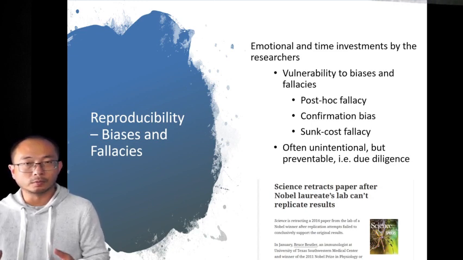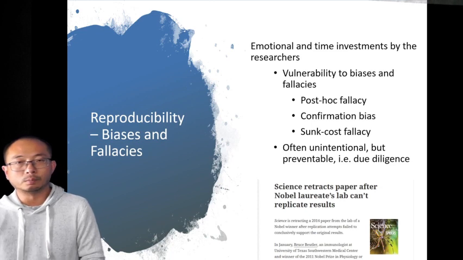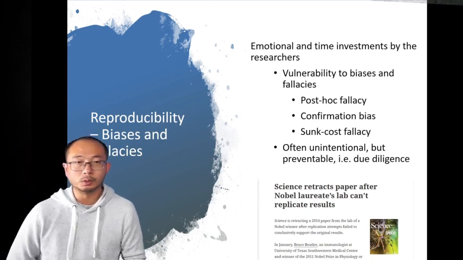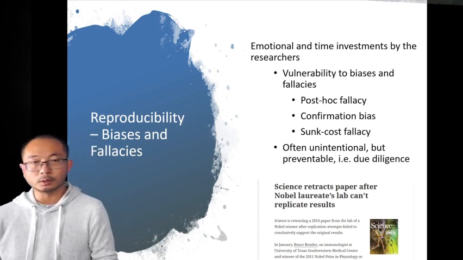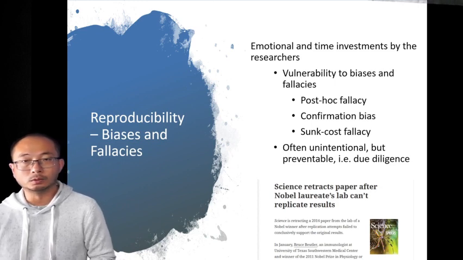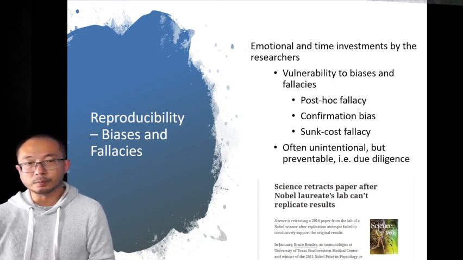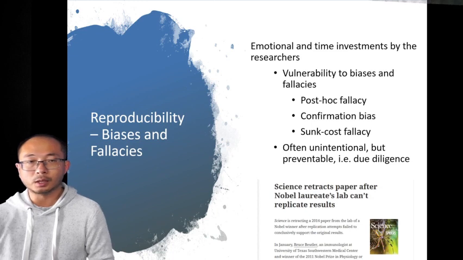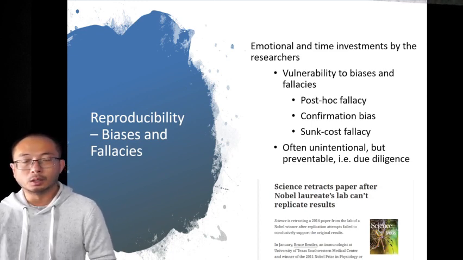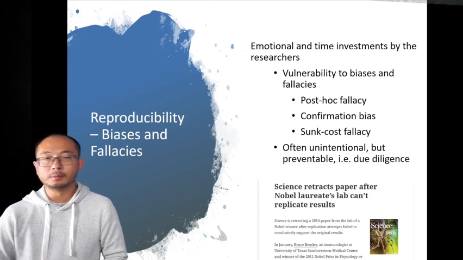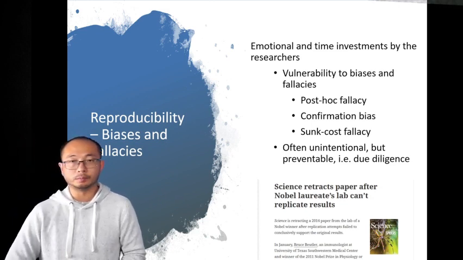These are often unintentional, but definitely very preventable. Everyone will have to conduct their own due diligence. It does not mean that anyone who is highly experienced will be able to avoid this.